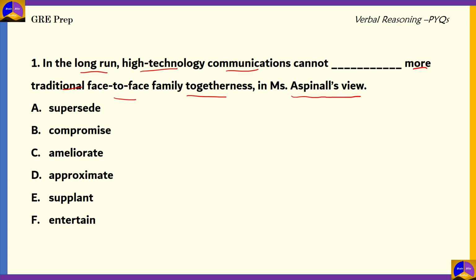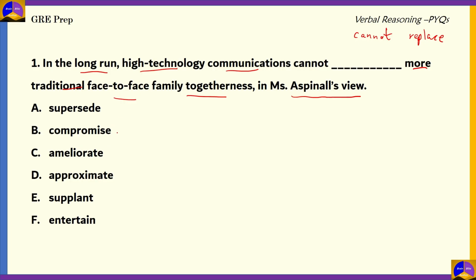So in this particular question, we're talking about the fact that high technology communications cannot replace. So the context here is that high-tech communications cannot replace traditional face-to-face family togetherness. So we need to find the 2 words from the given options that mean replace.